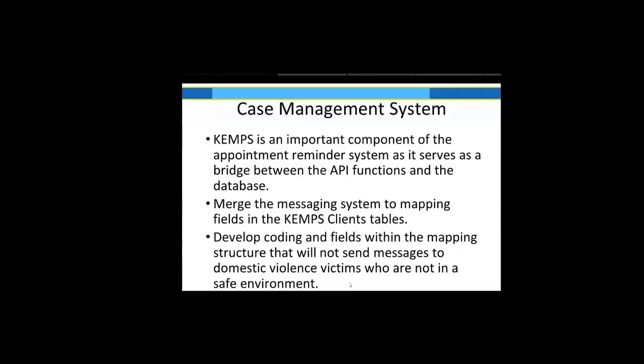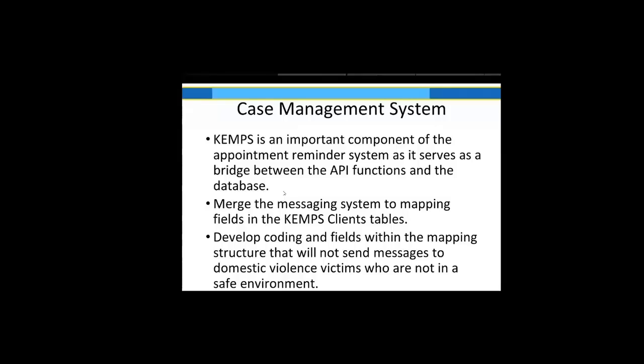Also, the system would report back to the case management system the outcome of the calls, the completions, any unsuccessful attempts. All of that will be put back into the case management system under the client's notes. That way, if a client or an applicant came in and said, I didn't receive a message, we would be able to go back into the client's information and see whether or not an attempt was made.